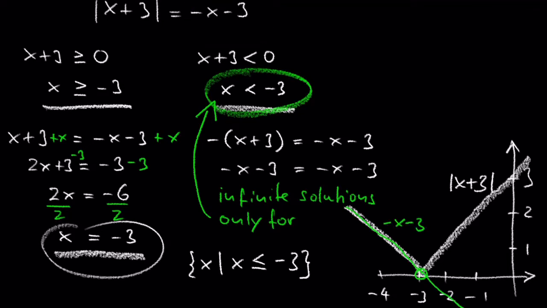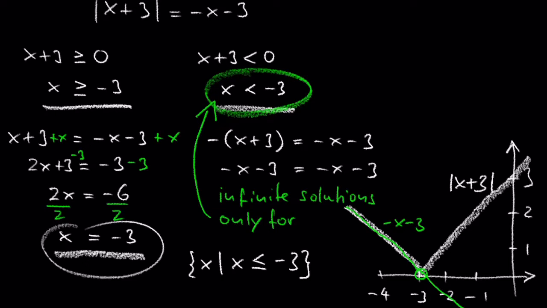We see that to the right of negative 3, we have no intersection of the two graphs, which means we have no solution to the right of negative 3. That's what we also found out algebraically with our calculation.